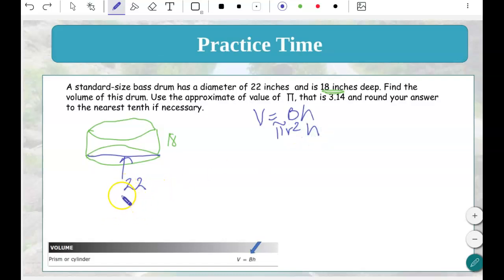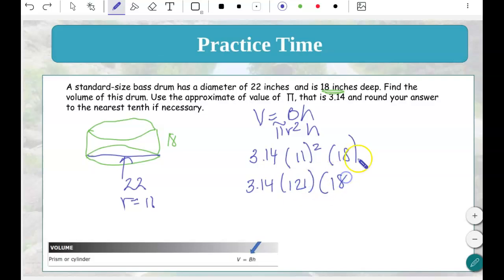If the diameter is 22, the radius will be 11. We'll put in 3.14 for pi, and we're going to do 11 squared. You can just use parentheses to show multiplication, and then times 18. So 11 squared will be 121.